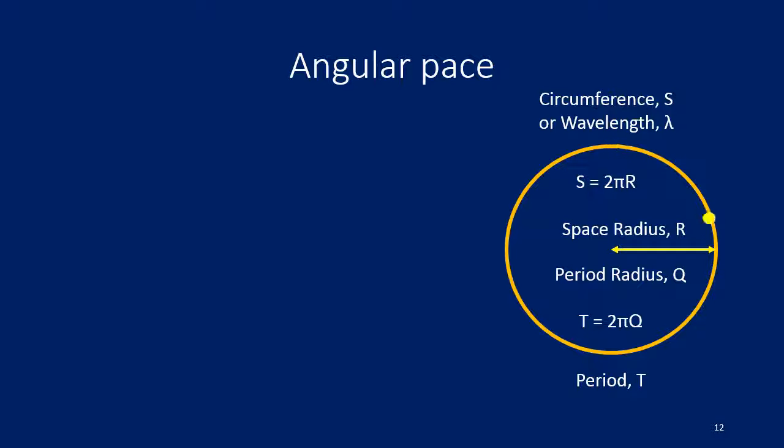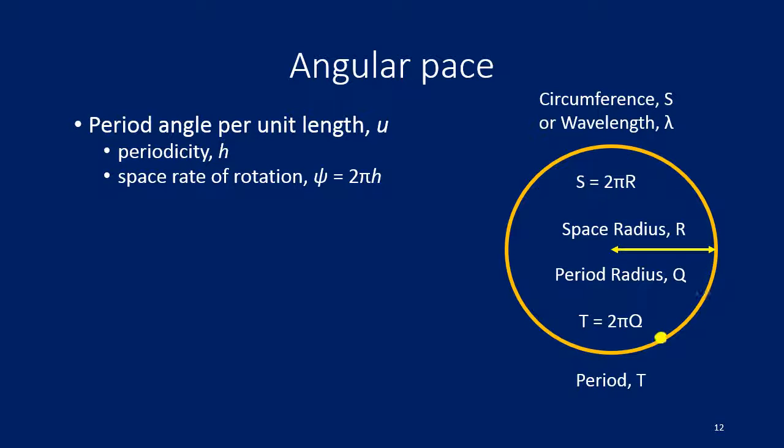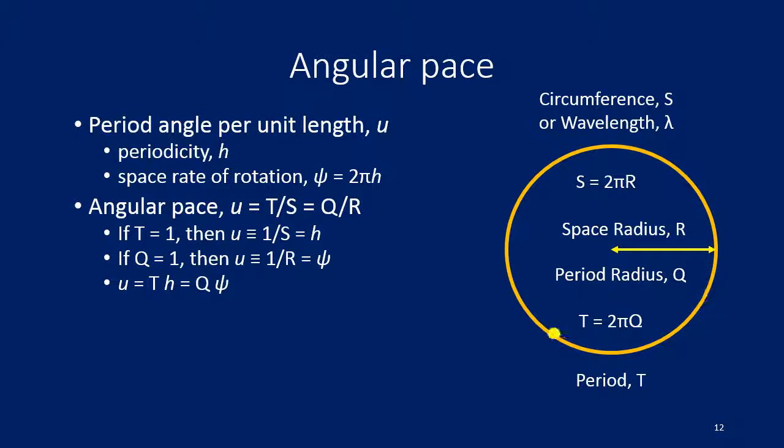Angular pace. We have the period angle per unit length, which is the angular pace, u. We'll define a periodicity, h, and a space rate of rotation, psi, which equals 2 pi h. Now the angular pace u is equal to a ratio of the period divided by the circumference, which also equals the ratio of the period radius divided by the radius.